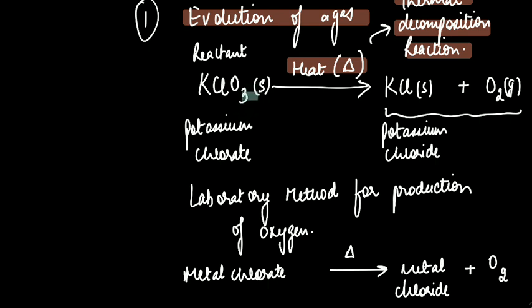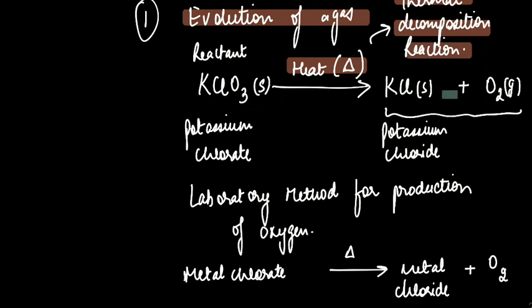If it is KClO4 and you have made that mistake, obviously it will ruin the whole balancing part. It will be very difficult or it will be wrong. So we need to be very careful with chemical formulas, what subscripts we are using, whether the formula is correct or wrong, because that plays an important role in the balancing of a chemical reaction.